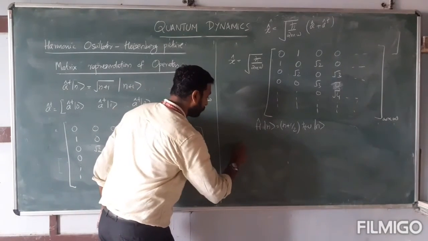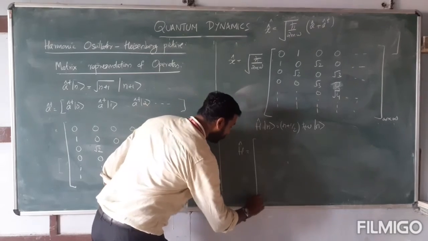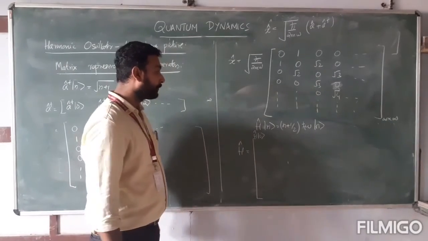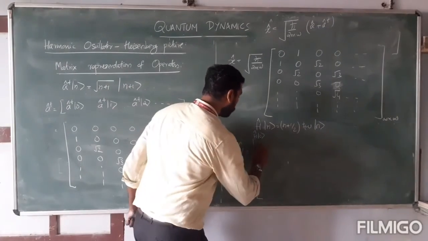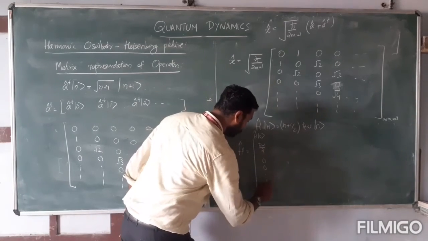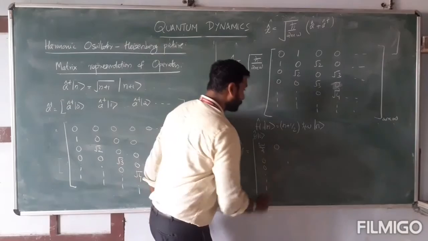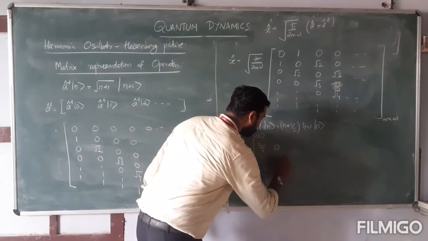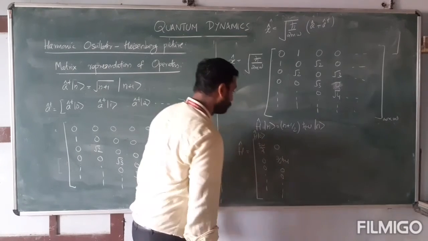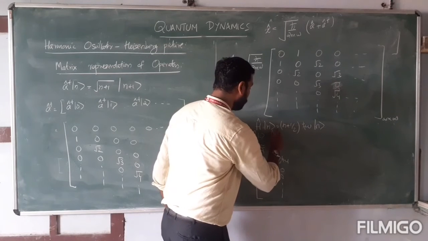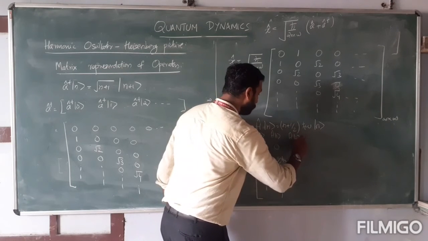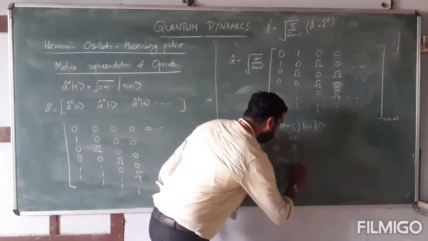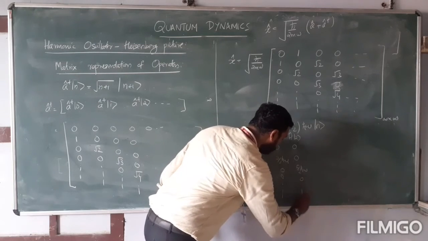So the Hamiltonian, the first is H acting on ket 0, that would give ket 0, but the energy would be half ħω. So that would be ħω by 2, 0, 0, etc. And the first excited state, for n equal to 1, ket 1, would be 3 by 2 ħω. And H acting on ket 2 will give ket 2 itself, but the energy would be 5 by 2 ħω.